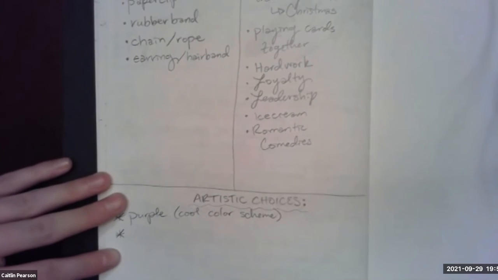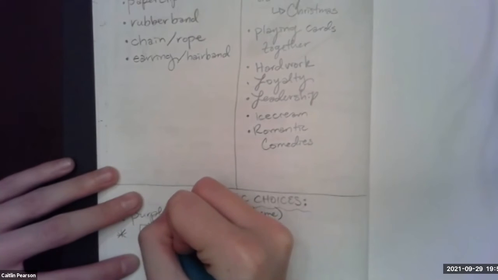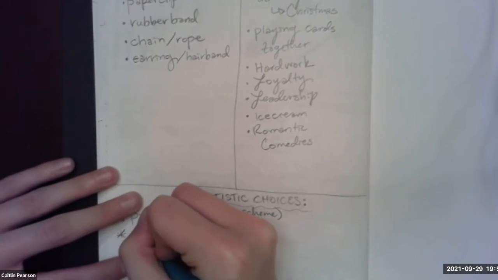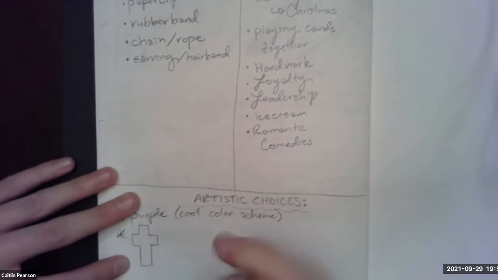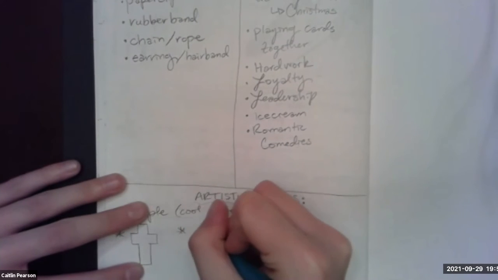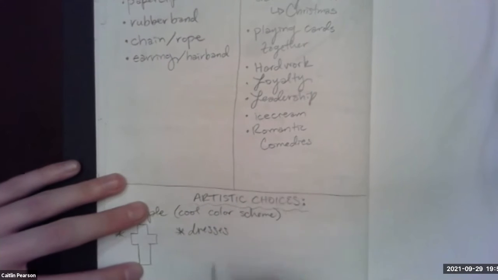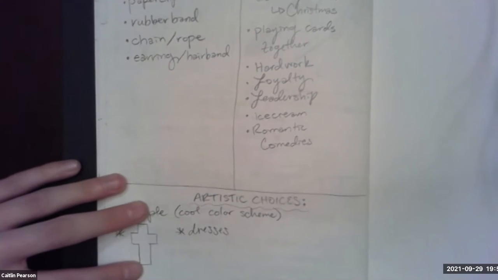Another thing would be images. Any images that stand out to you or that you would maybe like to incorporate. I might incorporate some religious symbols. I think I'm going to incorporate some form of dresses, like the type that she wears.